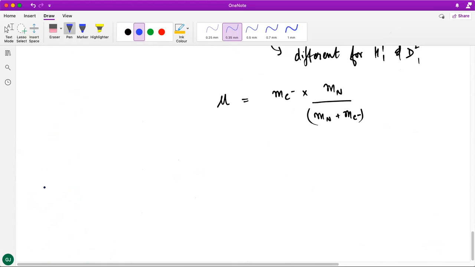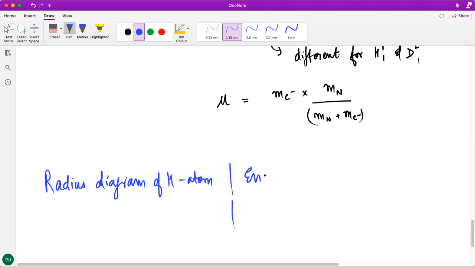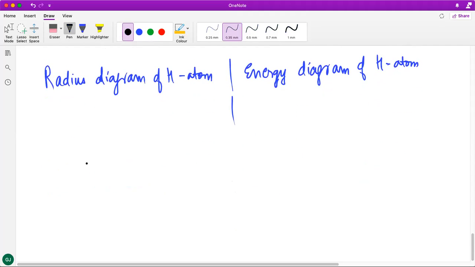So यहाँ पर notice करना, radius diagram of hydrogen atom, and on the same side I will put forward the energy diagram of hydrogen atom. Now notice करना, R was proportional to n square by z.